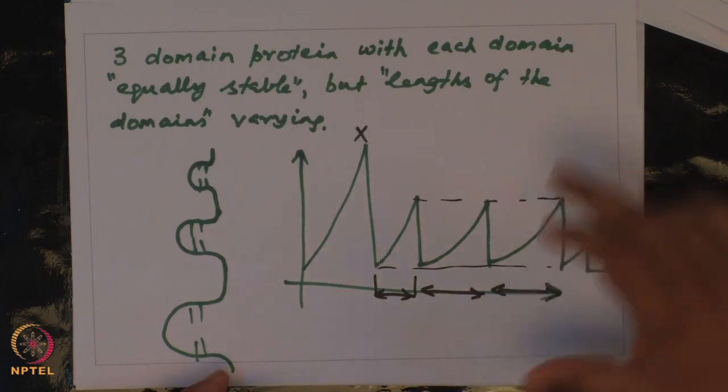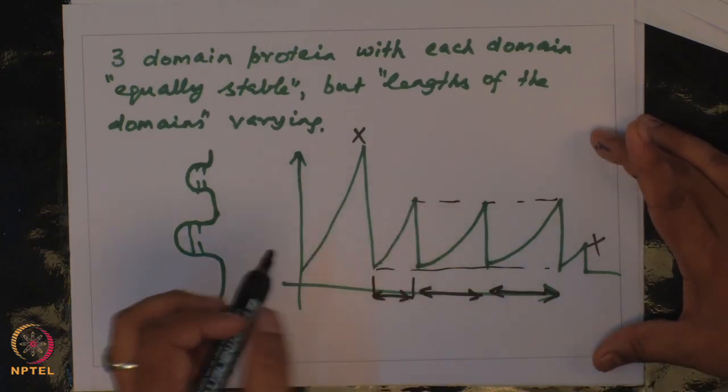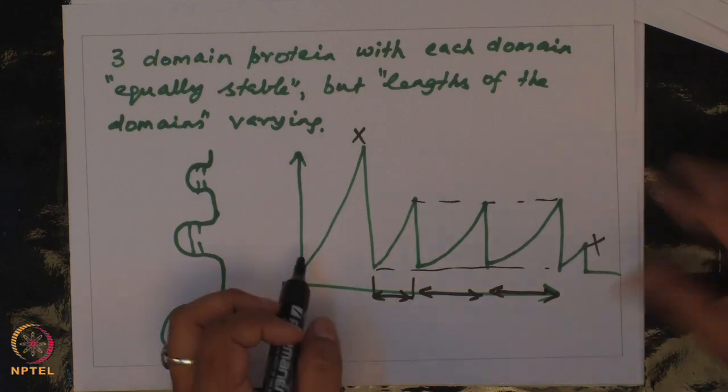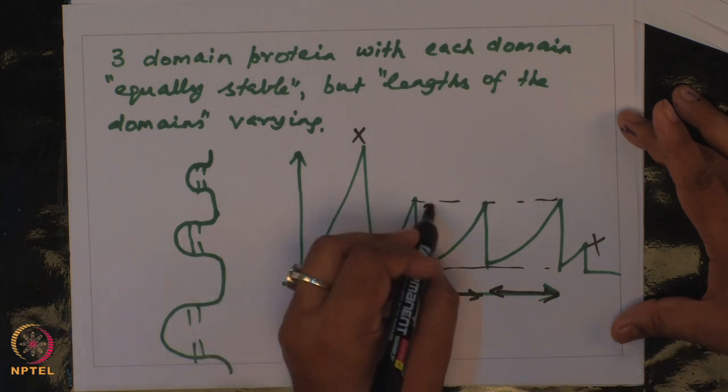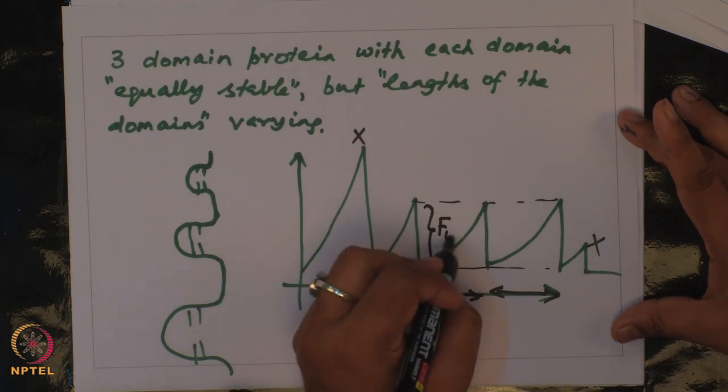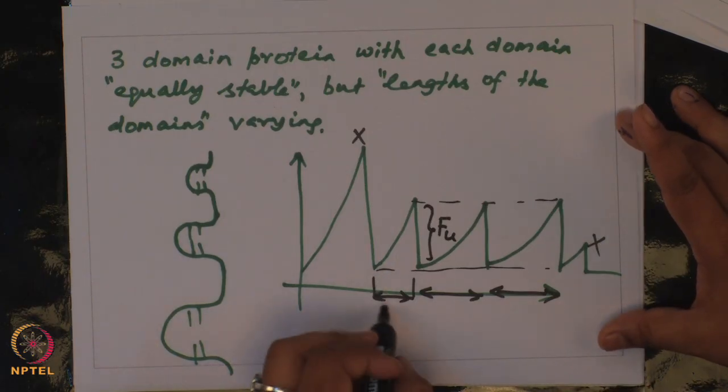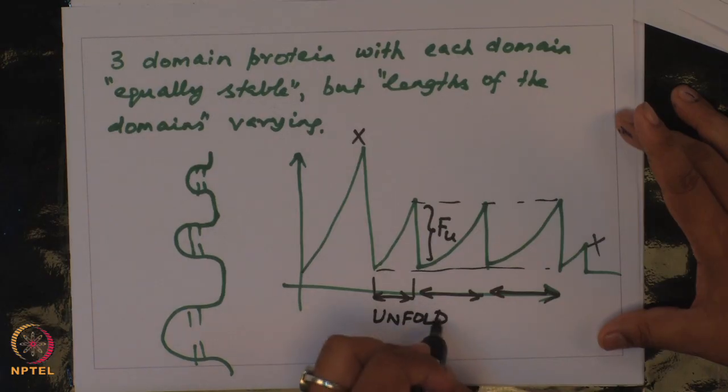So, for a single domain, let us say you have a peak like this. There are 2 things that you can determine from this peak. One is the force of unfolding, and the other is the unfolded length.